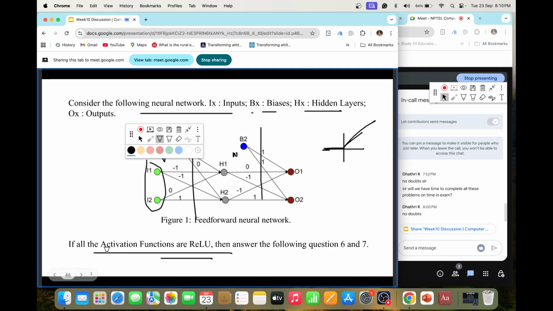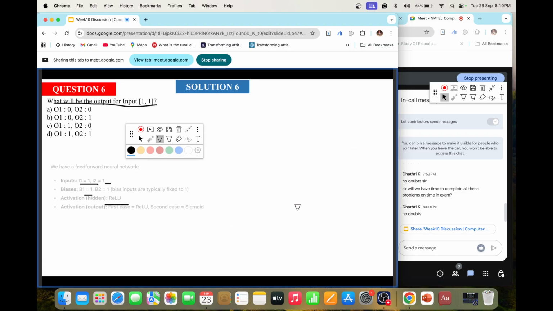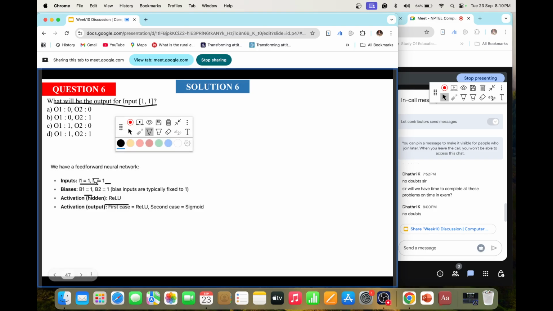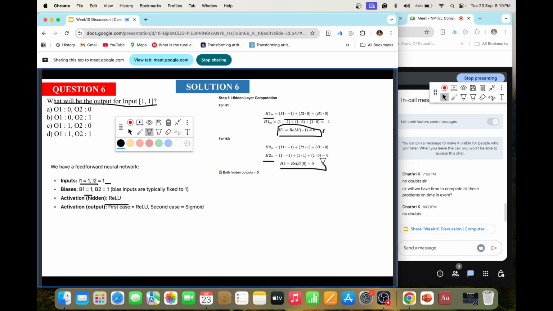You can easily calculate H1 input, H1I, by this. H1 output, H1O or H1, can be calculated by ReLU of this, because the activation function is ReLU. Similarly, H2 input and H2 output can be calculated.